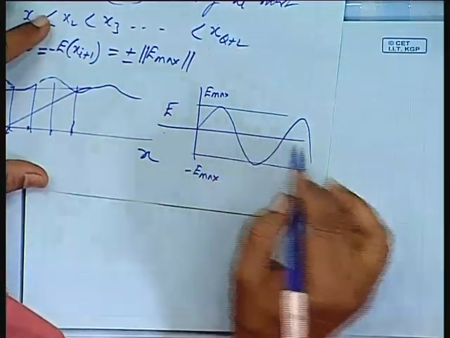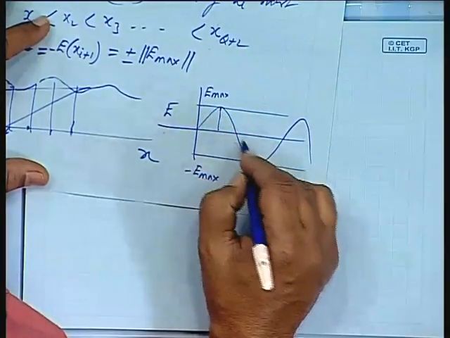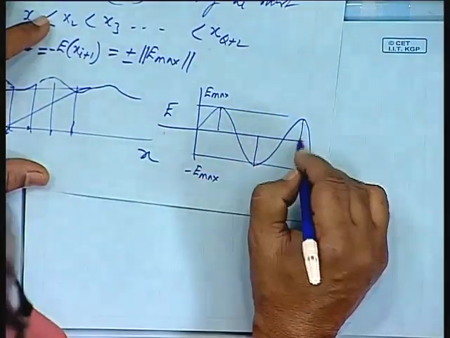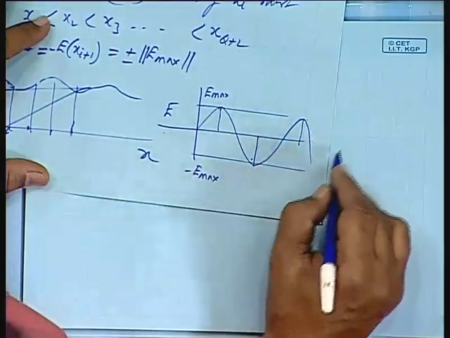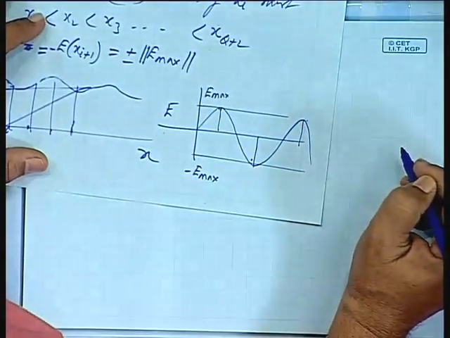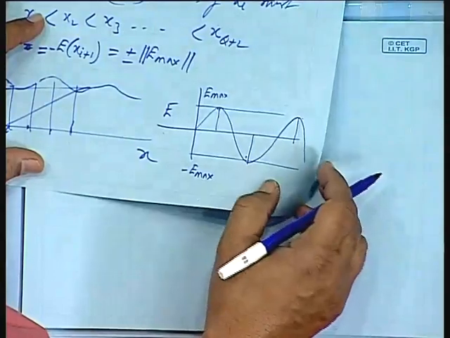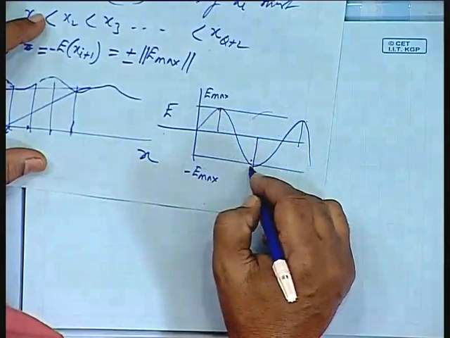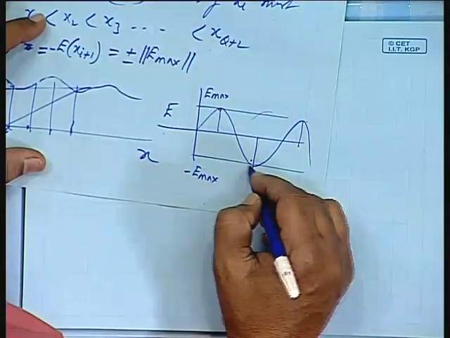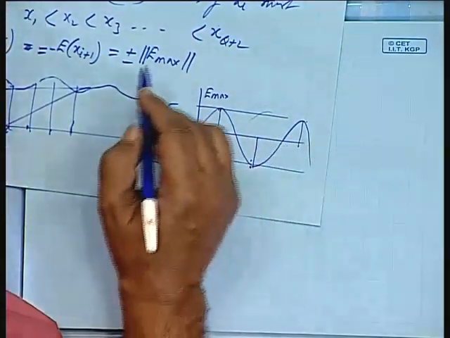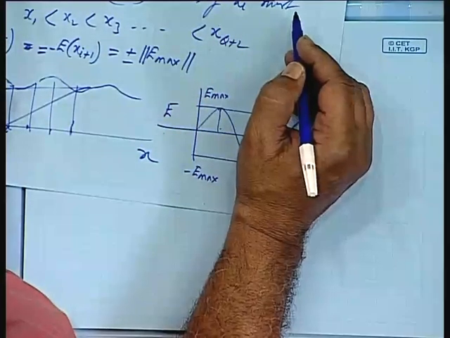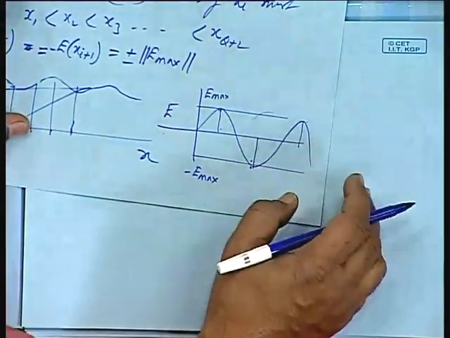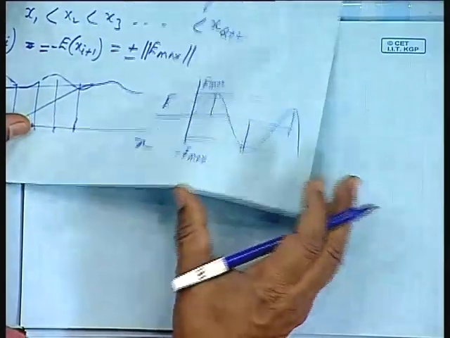It may not start from 0. So, this is x1, this is x2, this is x3. Alternately there will be plus and minus. You cannot have a situation like this, it will go to the extreme value, and there will be at least q plus 2 such points. Mind you, this is in terms of the error.